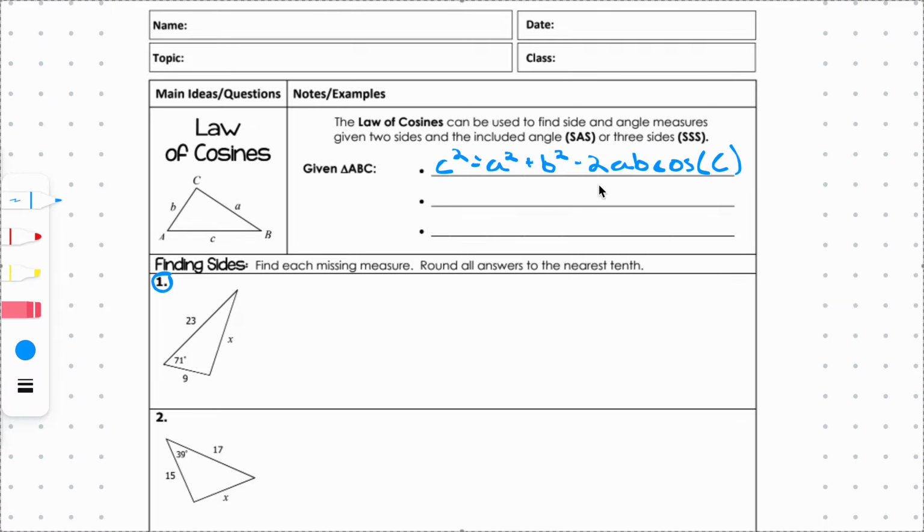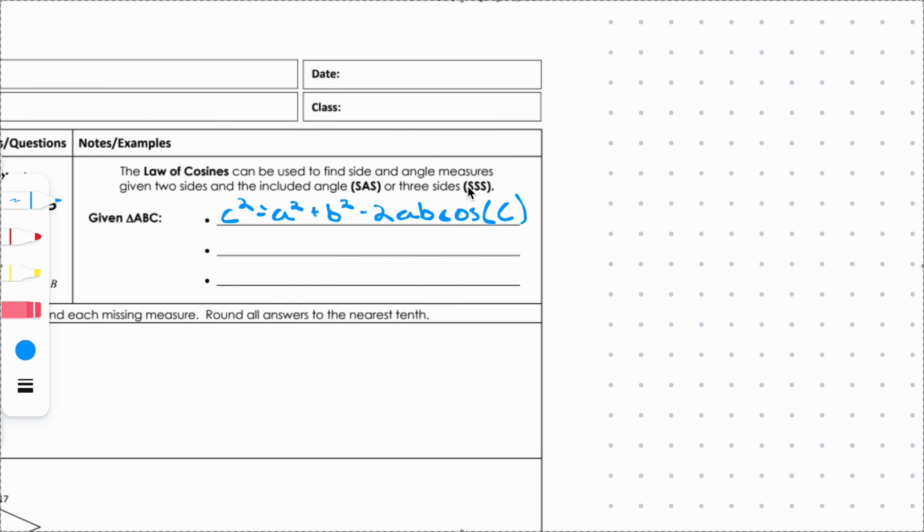And you notice, real quick, this looks very familiar, right? Look at this first part, c squared equals a squared plus b squared. This is just a more specific formula for the Pythagorean formula. Let's draw a right triangle here.